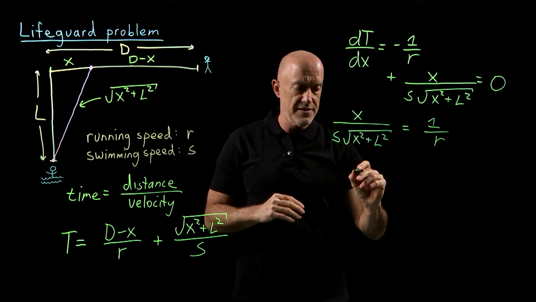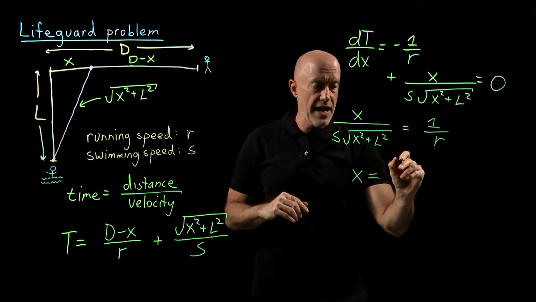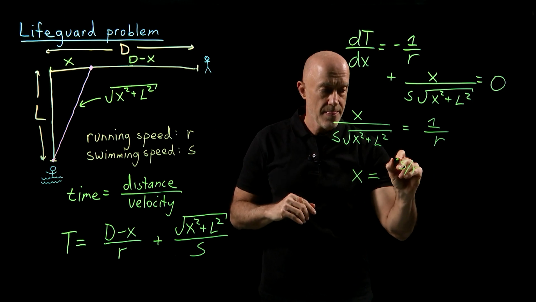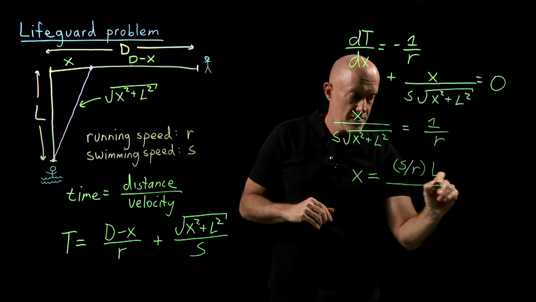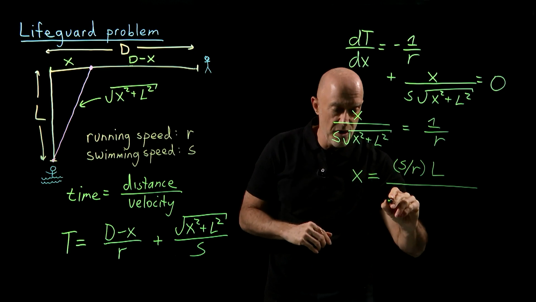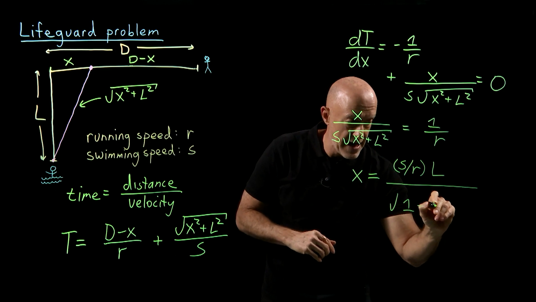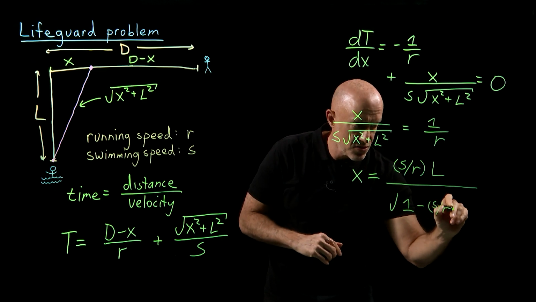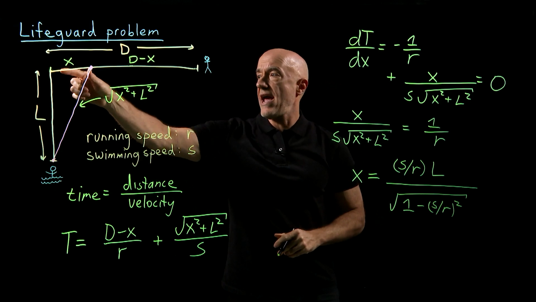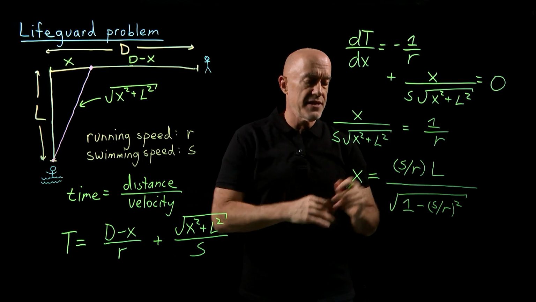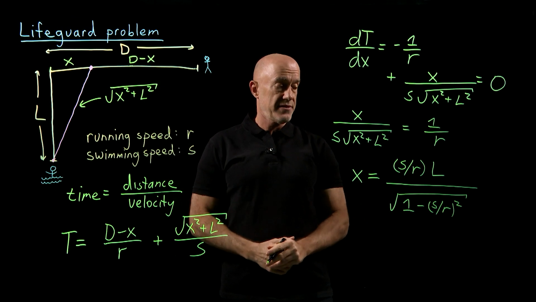So if I do that and solve for x, we would get x is equal to s over r times L divided by the square root of 1 minus (s over r) squared. And that would be our x here. So the distance that the lifeguard has to run is D minus x.